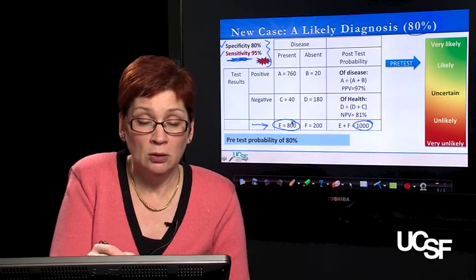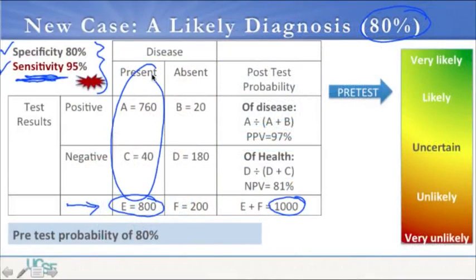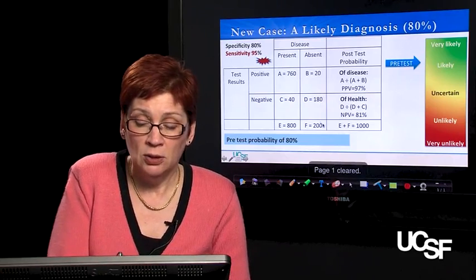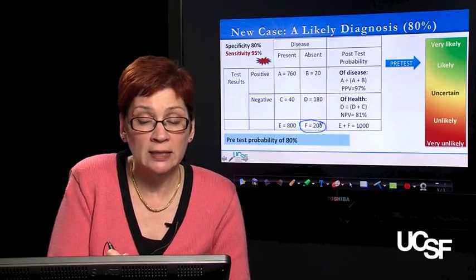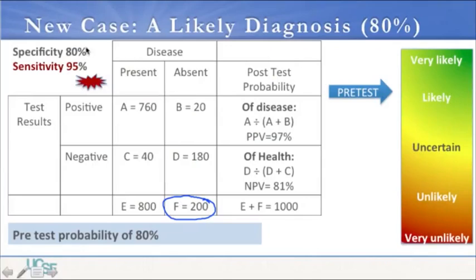Then we looked at 800 as representing all people with disease and multiplied that by the sensitivity of 95% to fill in quadrant A and then by extension quadrant C. We then took all people who were healthy or free of disease, 200 in this population, and using our specificity numbers, multiplied 200 times 80% to fill in quadrant D, and by extension, quadrant B.